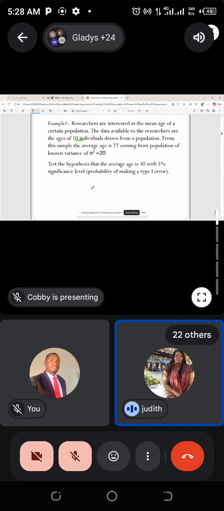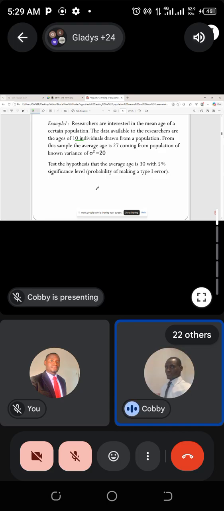Then the variance from the same population was 20. So they are telling us the hypothesis average age is 30 with the significance level of 5%, which is 0.05. So they're telling us to prove whether it's a type 1 error or it's not. That's what I've got from this question.